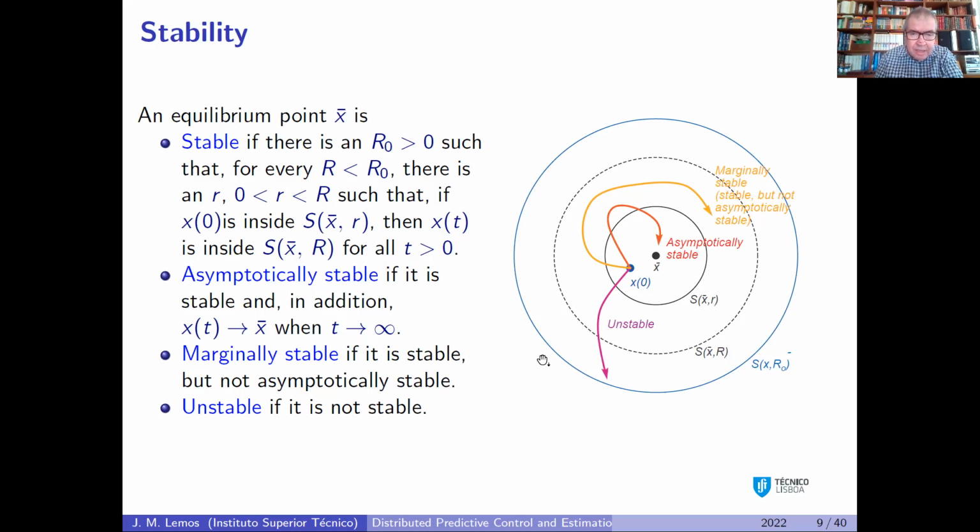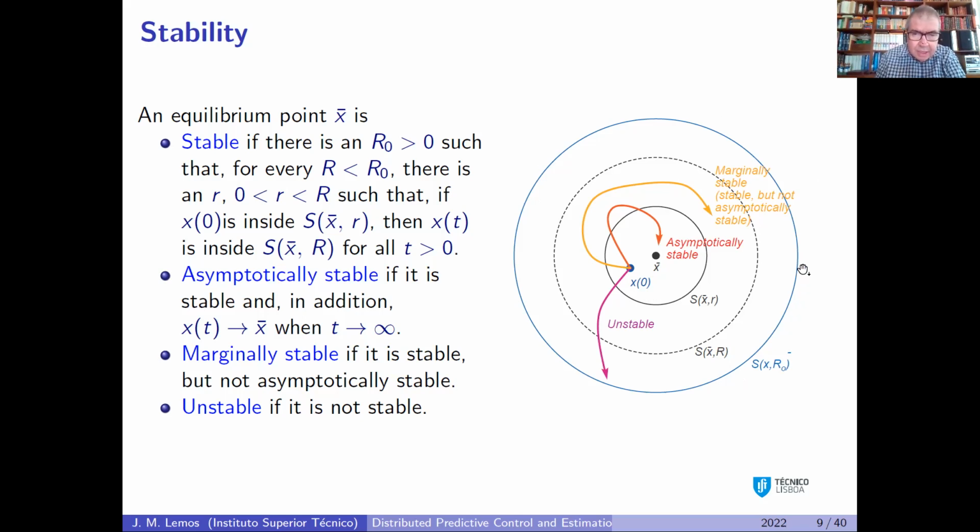And this largest sphere is where you are going to concentrate your efforts. So your saying that the equilibrium is stable or unstable is valid with respect to this large region. Could be the whole space, okay? But we are concerned with local notions. If R0 could be infinity, then we would be speaking about global notions of stability.